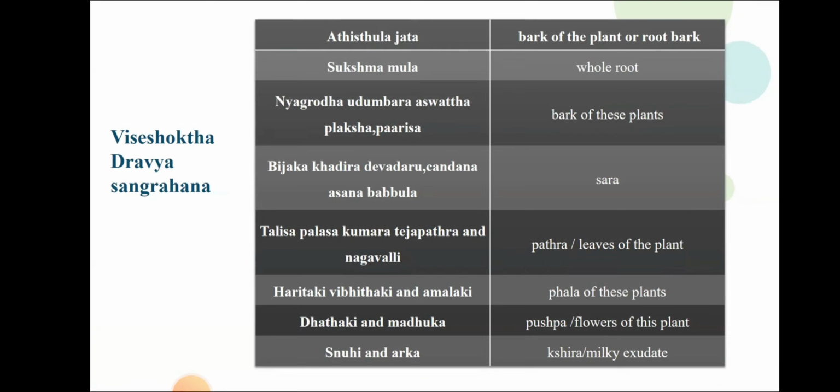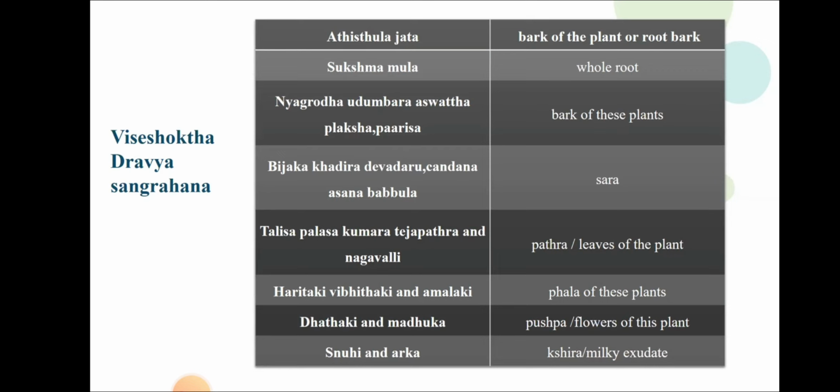And the Sara part is collected from the Bijakadi Gana, that is Bijaka, Khadira, Devadaru, Chandana, Asana, Babula. So when in a yoga Bijaka is mentioned, you have to understand that the Sara part of Bijaka is taken. And when in a yoga Nyagrodha or Plaksha is mentioned, you have to understand that the bark of the plant has to be taken.